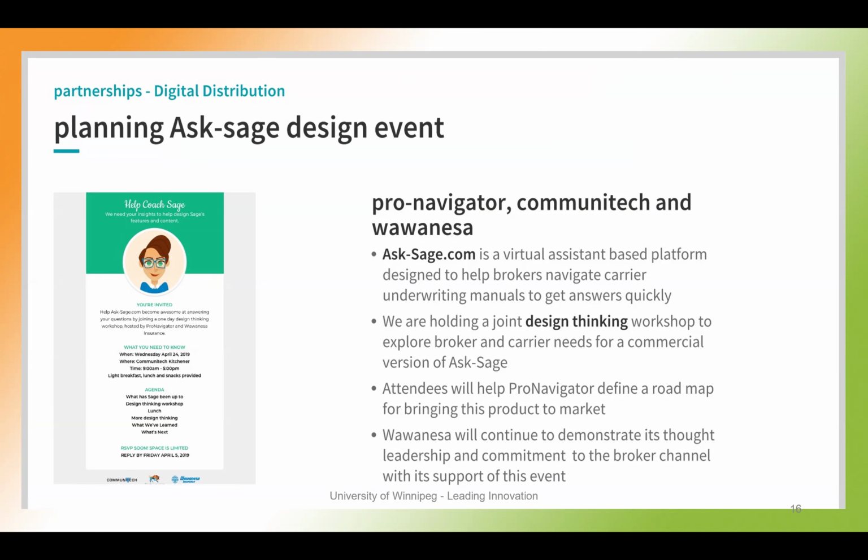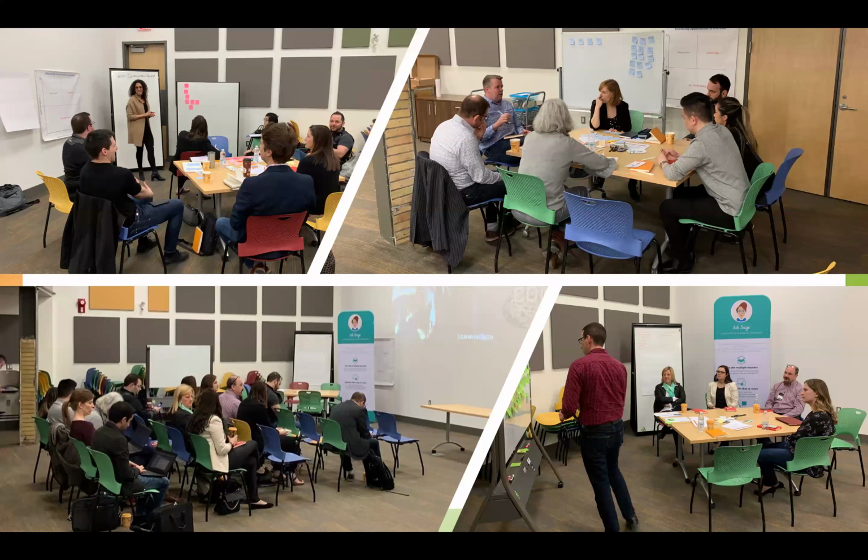And so then we offered joint design thinking workshops at Communitech in Kitchener to explore broker and carrier needs for a commercial version of Ask Sage. And that's what we did. So here's an example. And each of these was Wawanesa employees from our UX team who worked very, very closely with our lab out there with some of our best brokers, talking about and getting their insight.